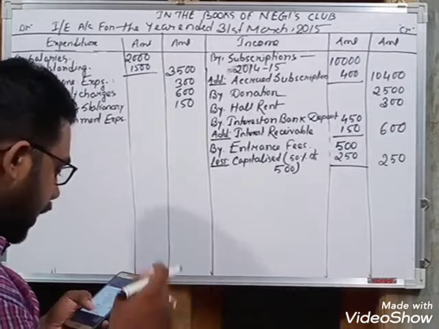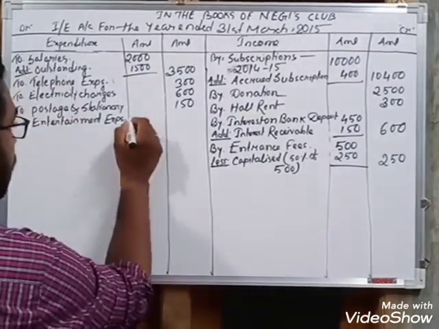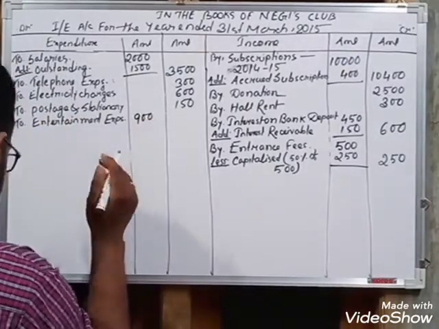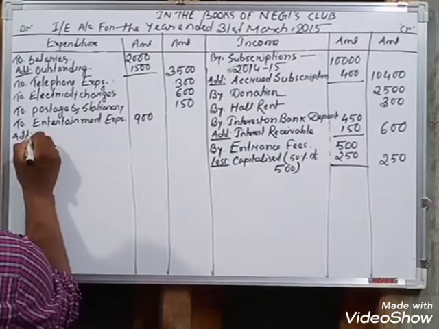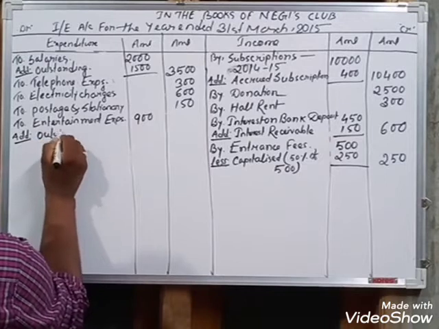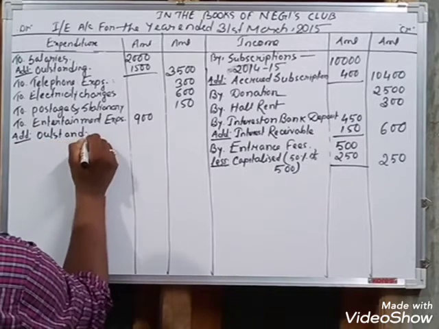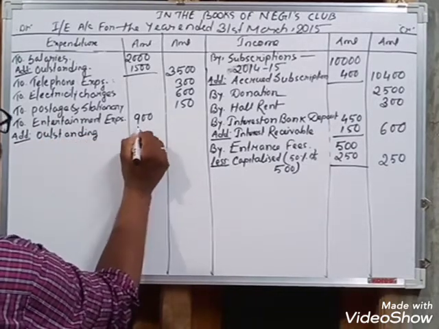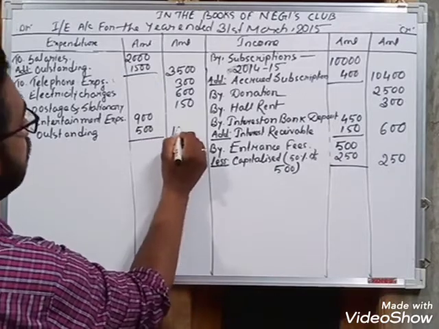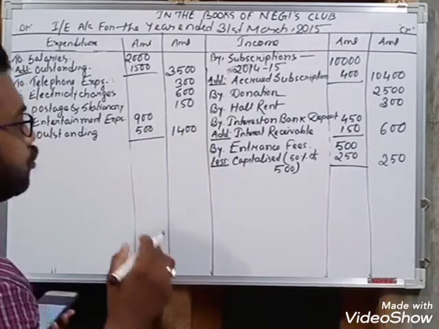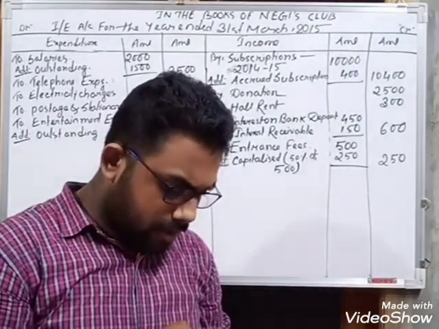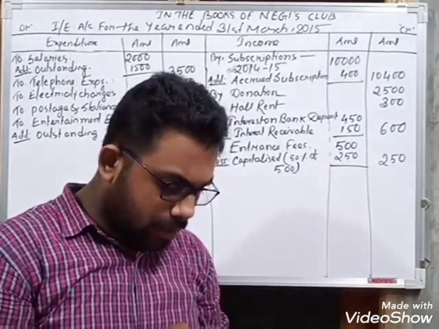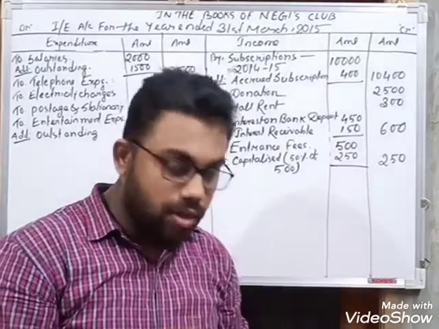So the entertainment expenses they have paid in the current year are 900, and outstanding is rupees 500. Add outstanding 500, and the total will be 1400, the total amount of entertainment expenses for the year. Next one is the purchase of 5% government bonds, that is in brackets.